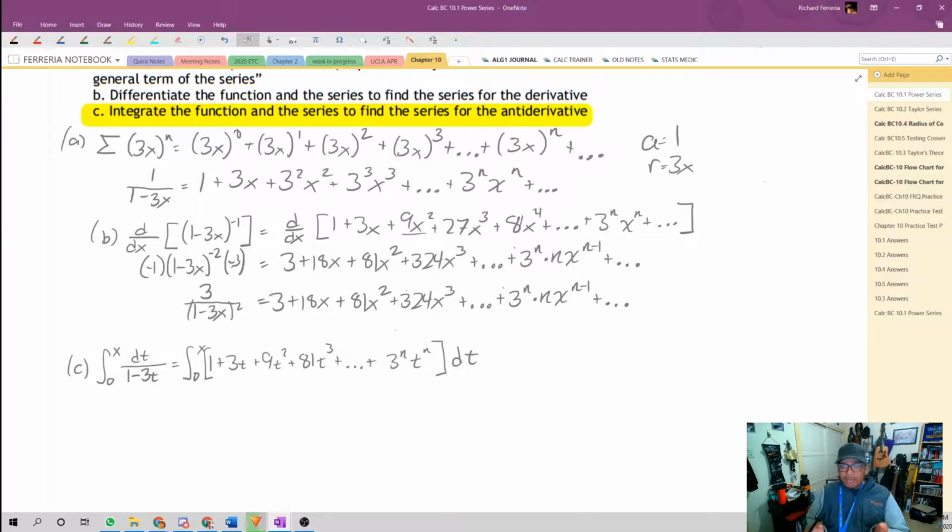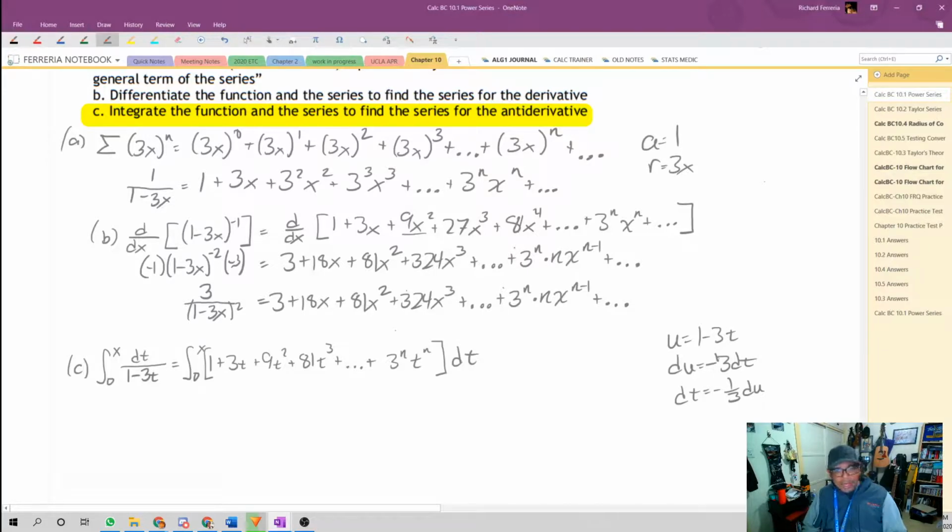Now the right side here is actually going to be easier to integrate than the left side. On the left side, we're going to say u is equal to 1 minus 3t. So du is equal to negative 3 dt, or dt, we can replace that with a negative 1/3 du.